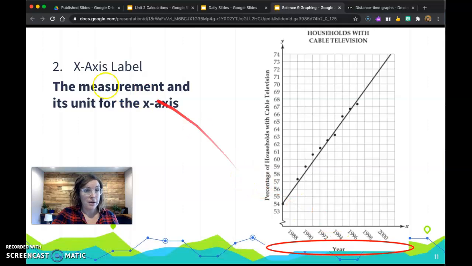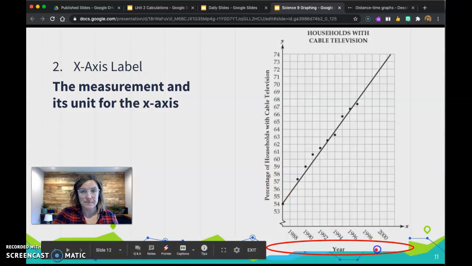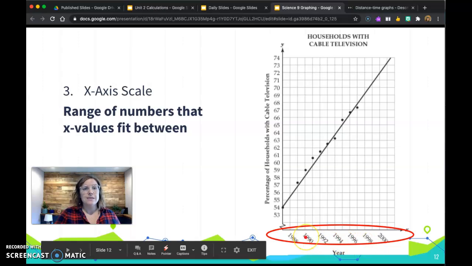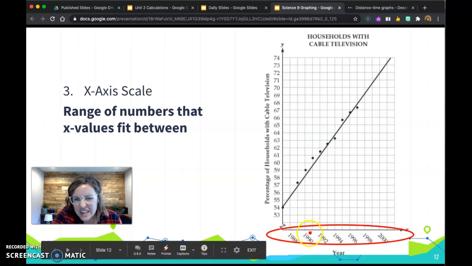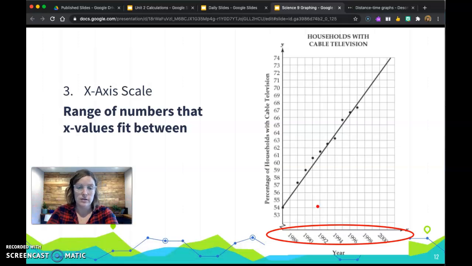And that always goes in the bottom, x-axis. Then you have x-axis scale. That's going to be like your number unit. That's where you're going to look to see, okay, 1990 at 57%. So that's your unit. It's a range of numbers that the x values fit between.